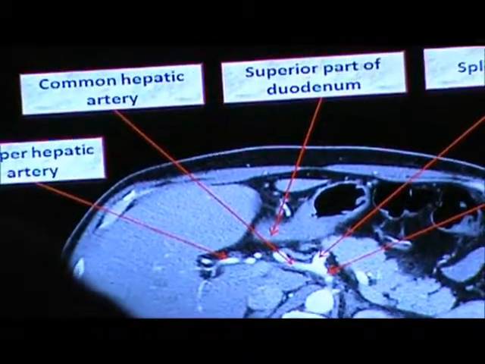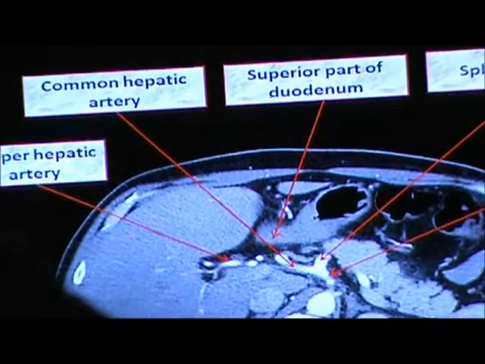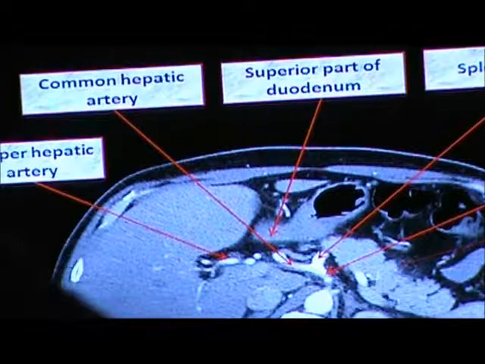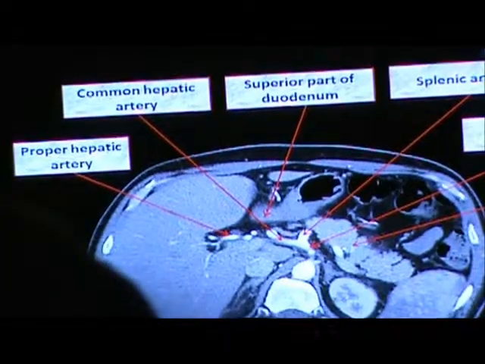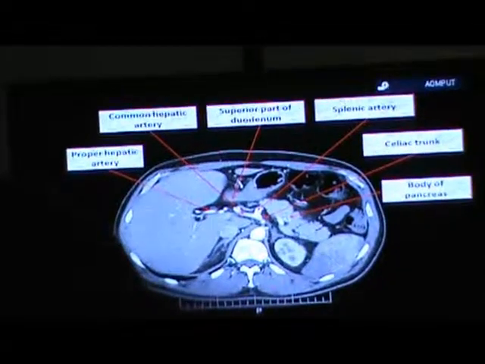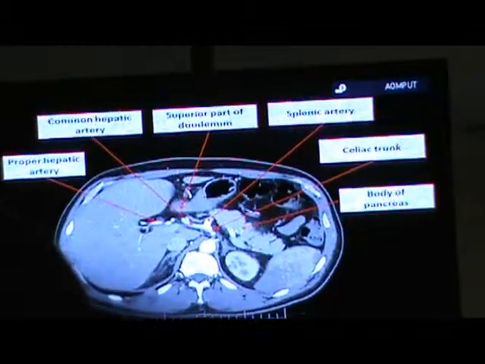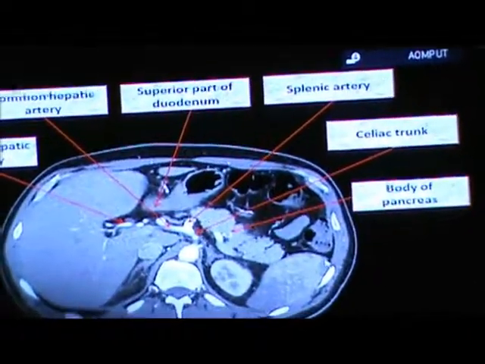We can also see the superior part of the duodenum as a continuation of the stomach here. And of course, the body of the pancreas. We are at the level between L1, the first, and second lumbar vertebra, so we have the body of the pancreas here.